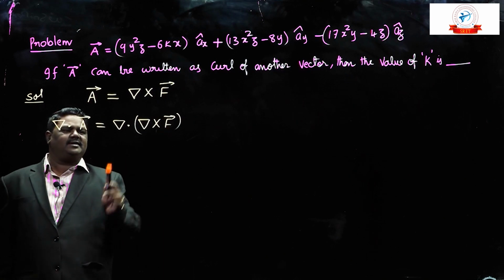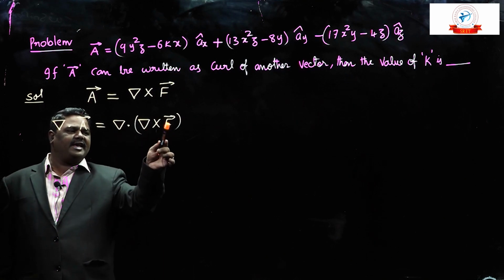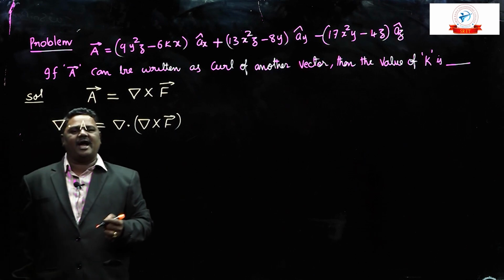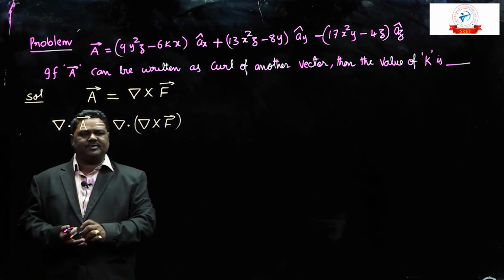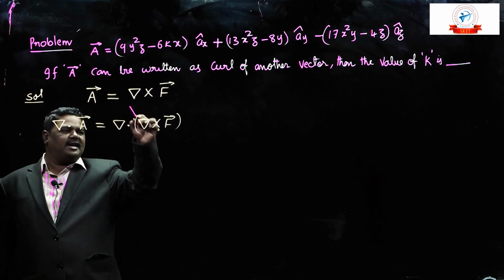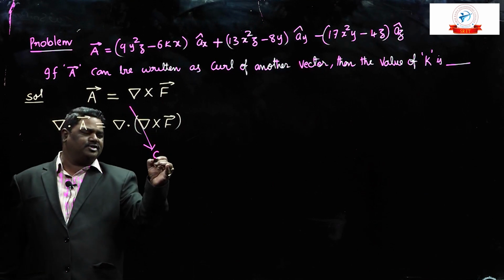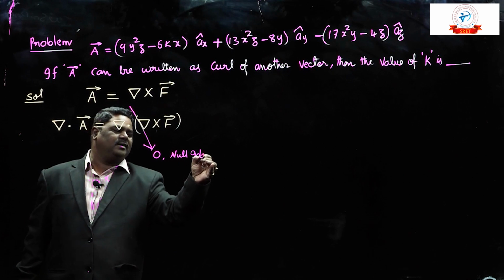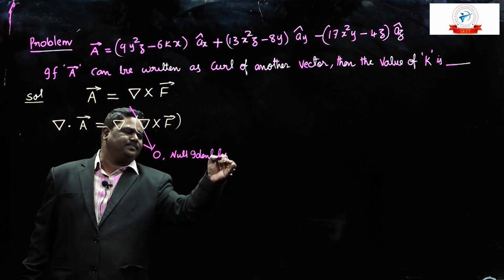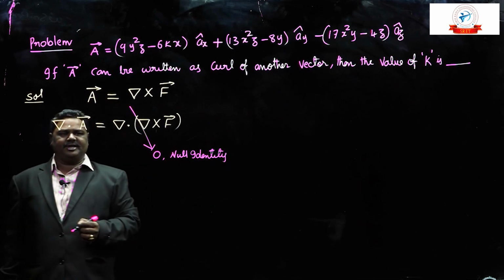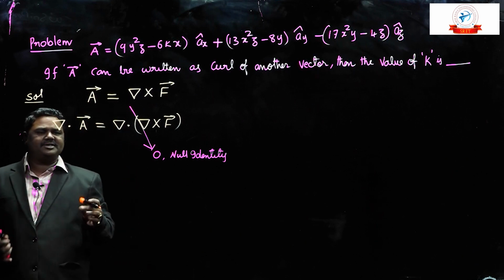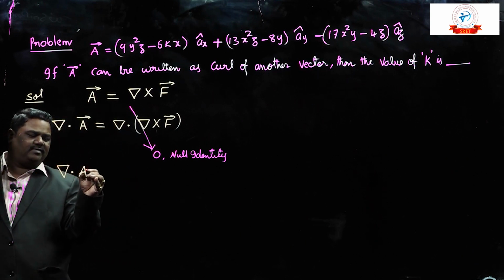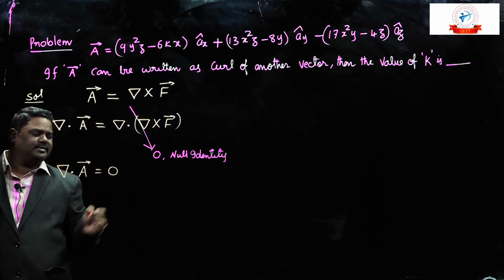Already we have studied that divergence of curl of any vector is always equal to 0, and it is called a vector null identity. So according to the null identity, this term will become 0.